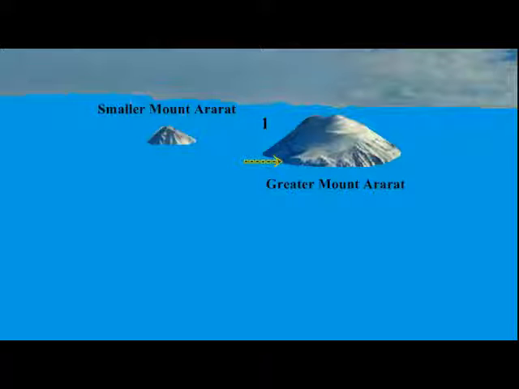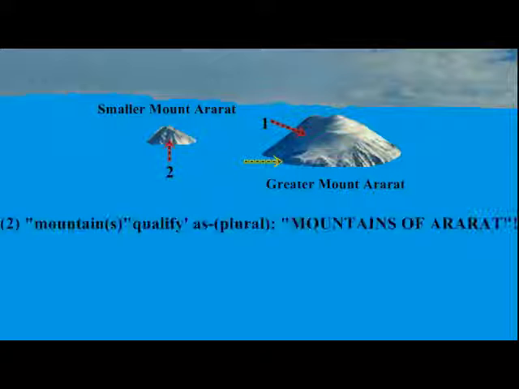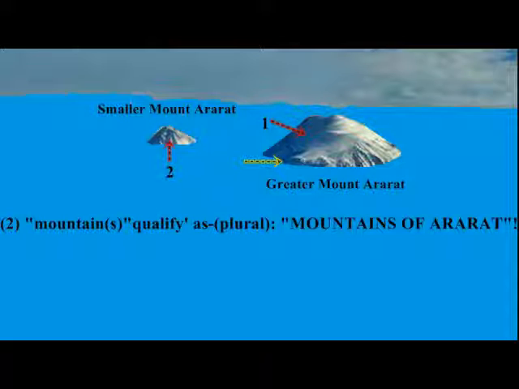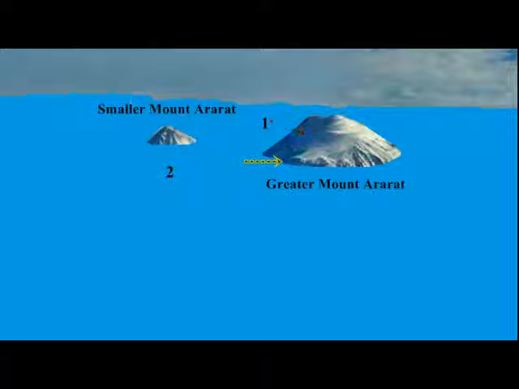So even in the minimal scriptural sense, we have mountains, plural, of Ararat. The first red arrow points to the first mountain, Greater Mount Ararat, and the second red arrow points to smaller Mount Ararat. So even in the minimal plural sense, it still qualifies as mountains of Ararat. Two mountains qualify as plural mountains of Ararat, and that's even in the minimal sense, which is also scripturally consistent.